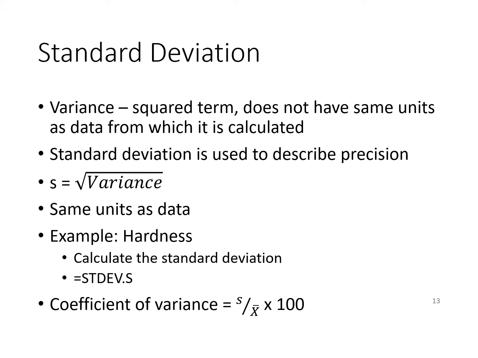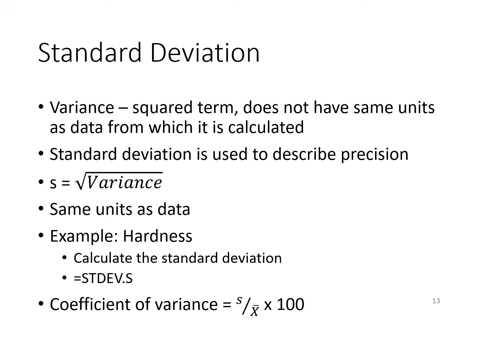Now, we can also calculate the standard deviation, and that's the value that you most often see used. The variance is a squared term, so it doesn't have the same units as the data from which it's calculated. Because of that, we typically will use the standard deviation to describe precision. The standard deviation is just the square root of the variance.